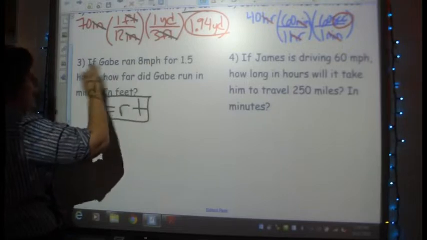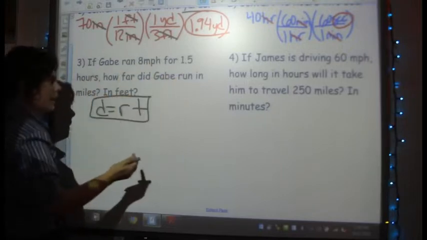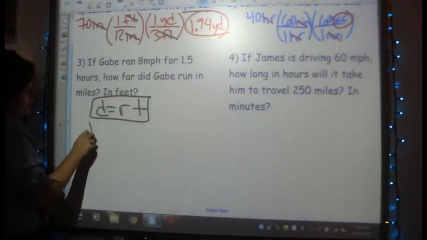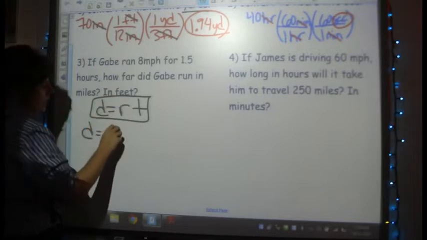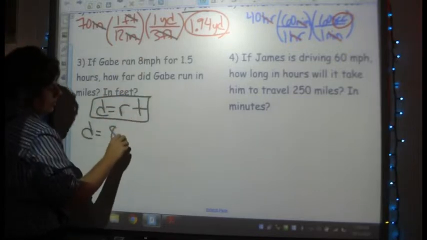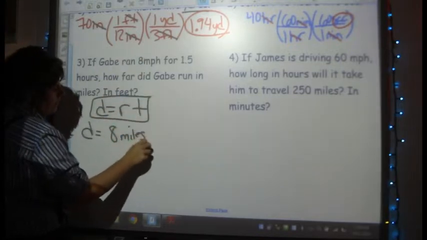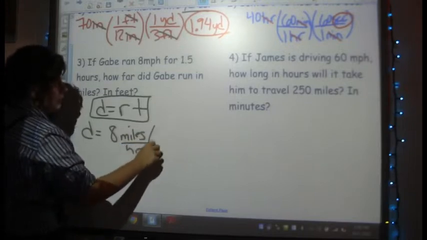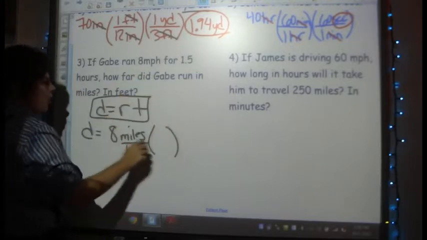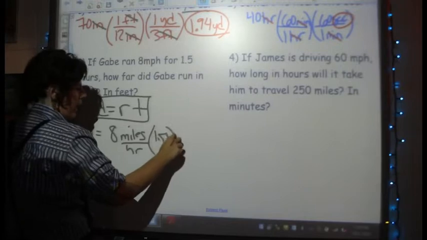So if we want to know how far Gabe ran, all we have to do is say the distance is going to equal the rate of 8, and that means miles per hour, times she ran for 1.5 hours.